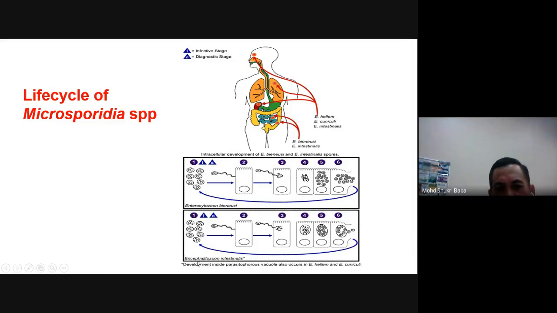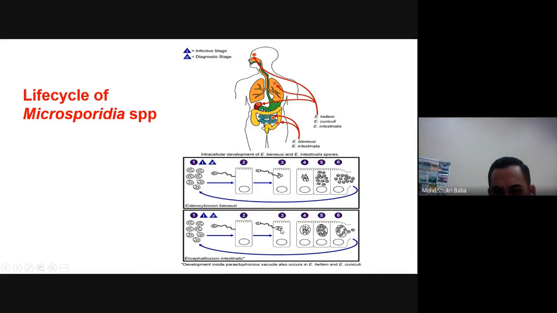Itu sekiranya E binuensis. Kalau E encephalitozoon intestinalis, okay, apa yang berlaku adalah dia punya cyst tadi, okay, macam sama juga macam ni. Alright, dia lakukan pelekatan melalui anchoring disc tadi. Dia keluarkan dia punya filament dan dia keluarkan sporoplast dia.